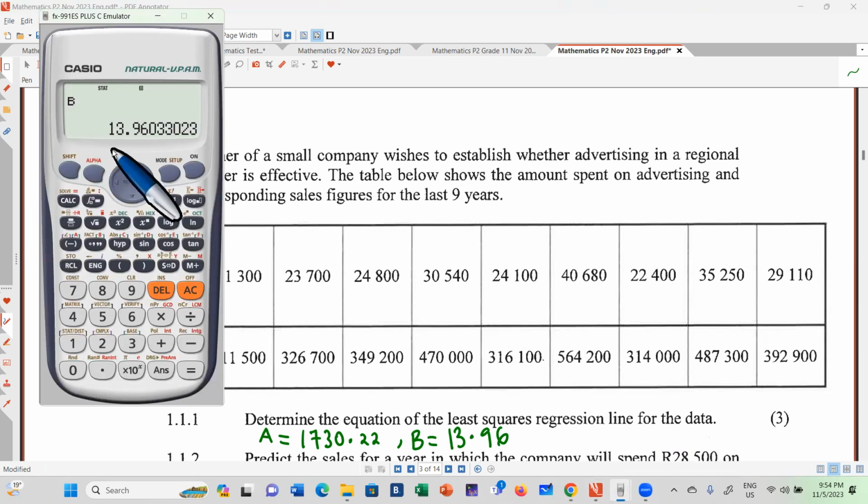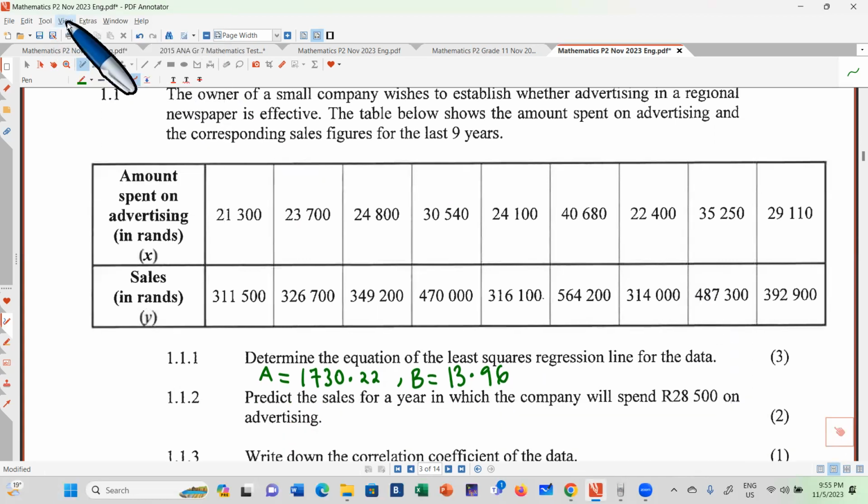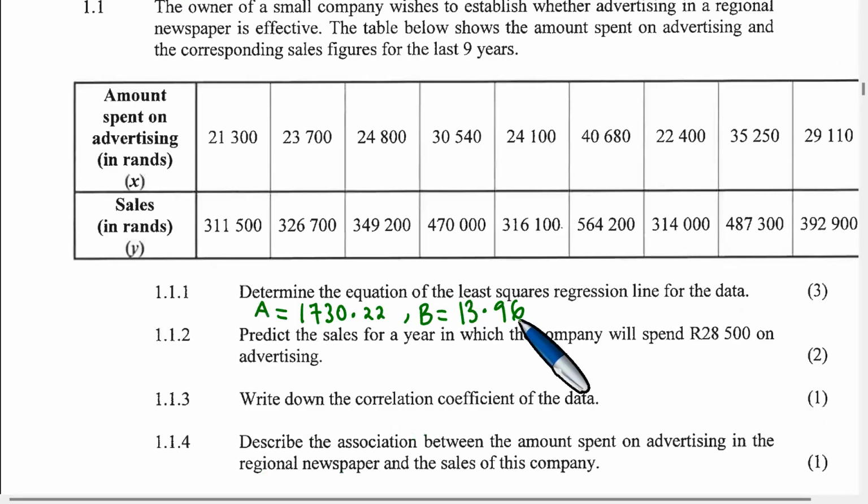Right, when you've seen that B is 13.96, then what is the least squares regression line? After we got A and B, we're done. We can maximize our screen like this.